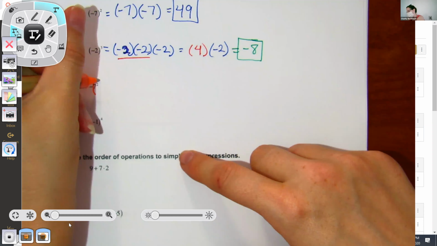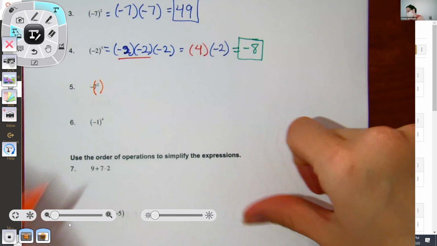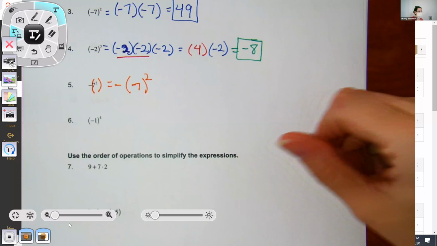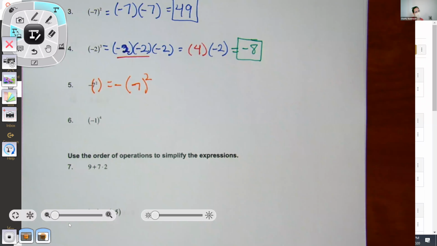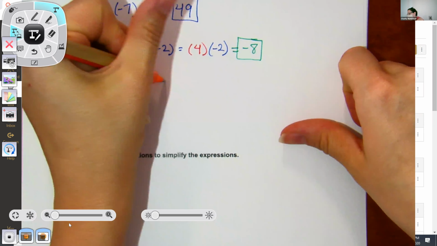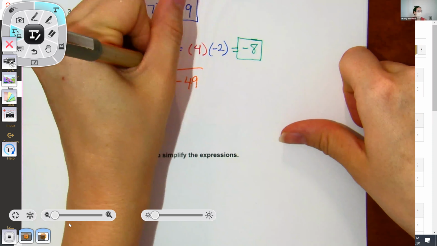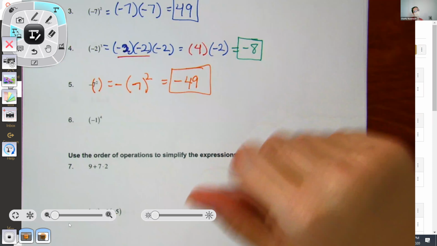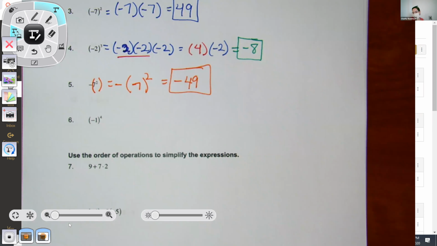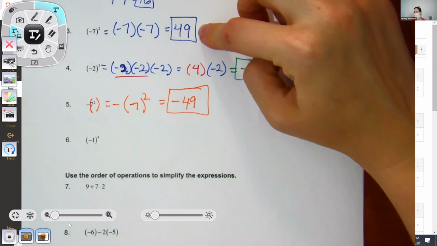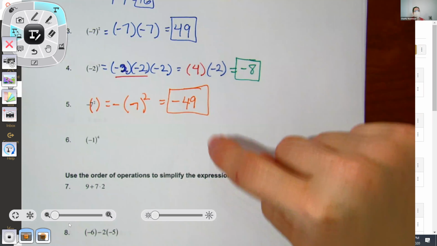It's like you could say negative, parentheses, 7 squared. The negative is not squared, only the 7 is. So that gives you an answer of negative 49. With the parentheses around negative 7, that gives you positive 49, but without, it gives you negative 49.